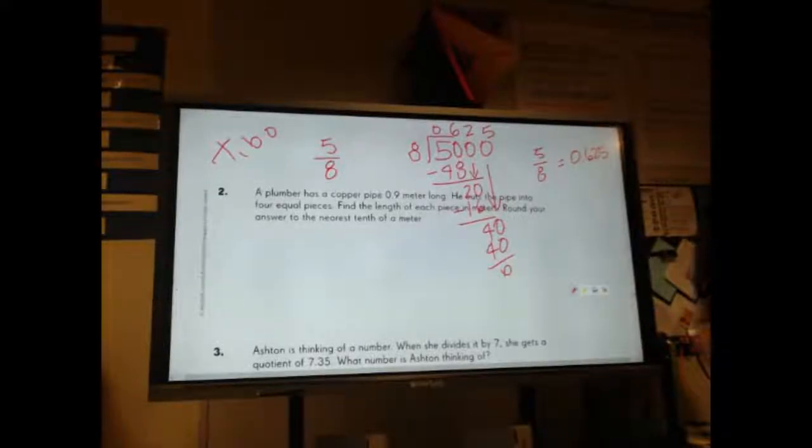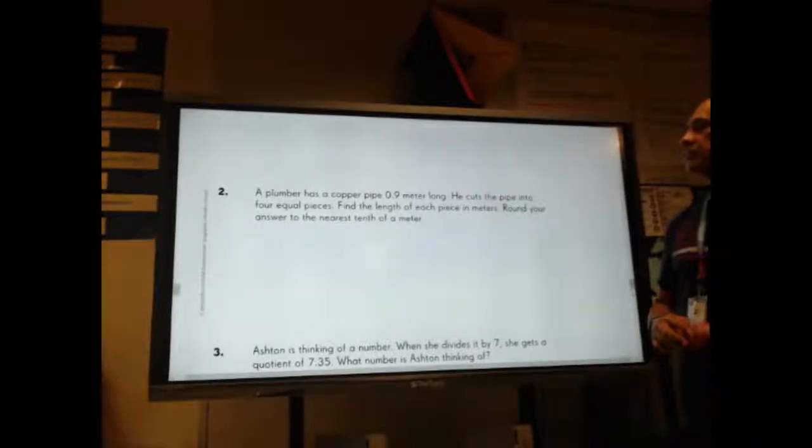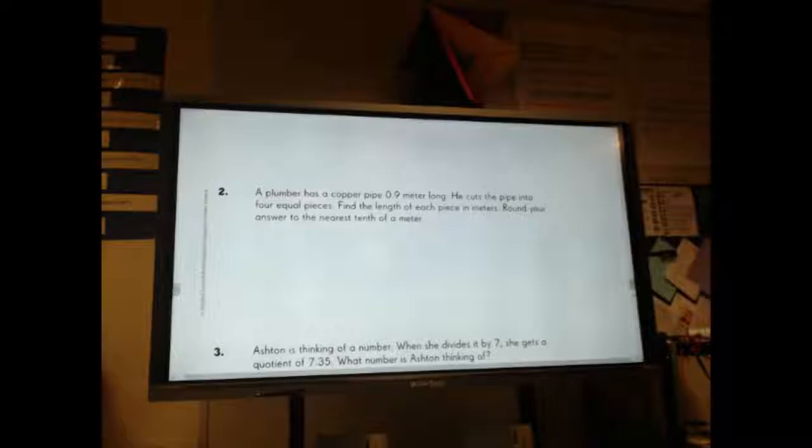So let's go ahead and try this problem. It says that a plumber has a copper pipe 0.9 meter long. So it's almost a meter, right? He cuts the pipe into 4 equal pieces. Find the length of each piece in meters. Round your answer to the nearest tenth of a meter.